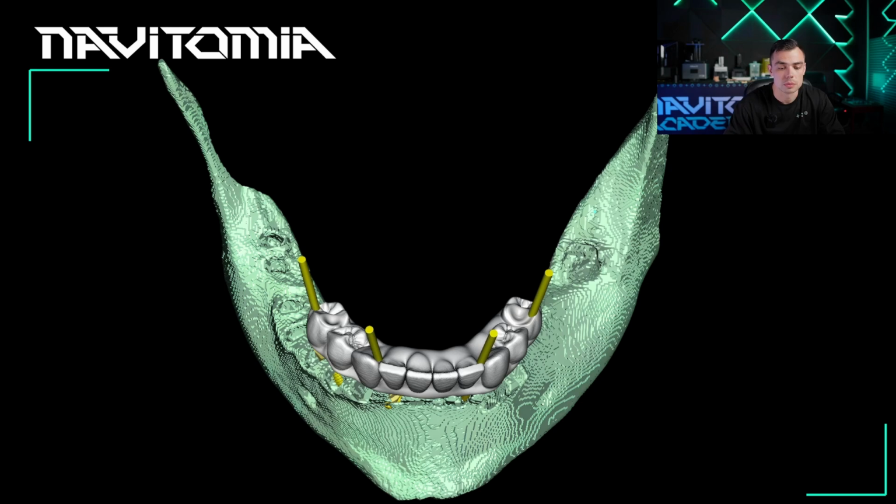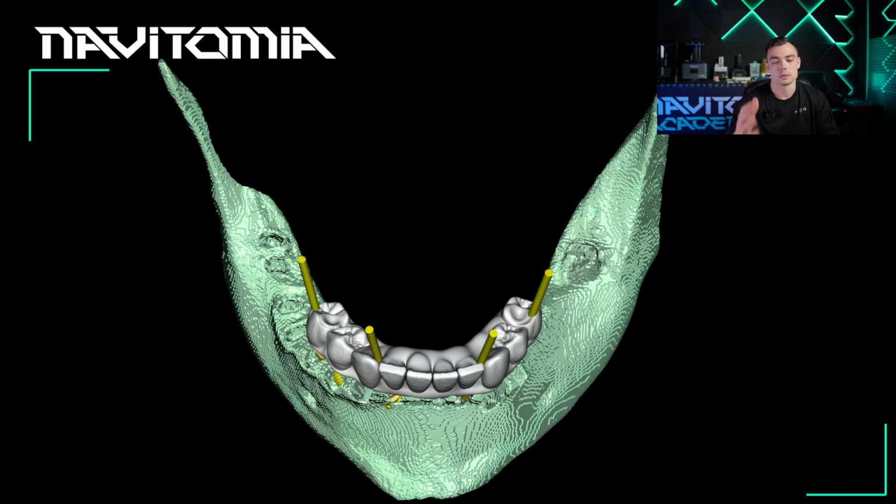And since we are talking about multi-unit abutments, they were designed to compensate for the divergence of the axes, the divergence of angles. Usually when we talk about multi-unit abutments, the scientific literature says that 20 degrees is the maximum divergence between multi-unit abutments.